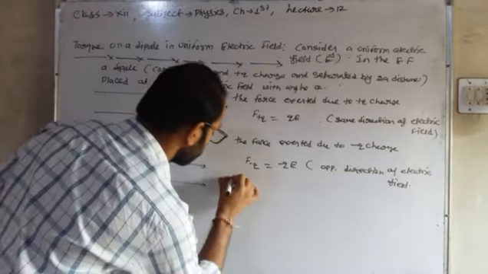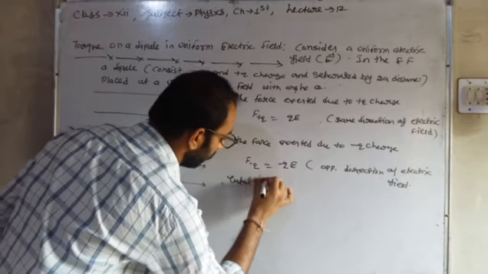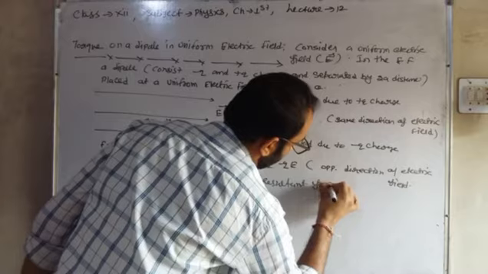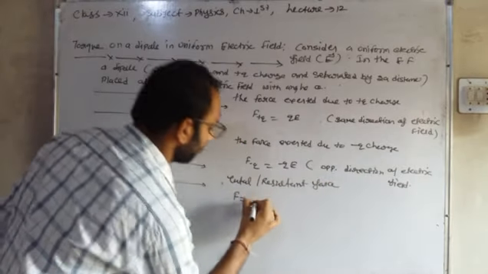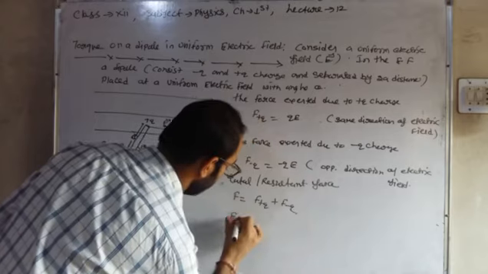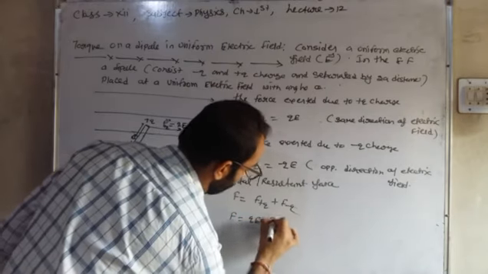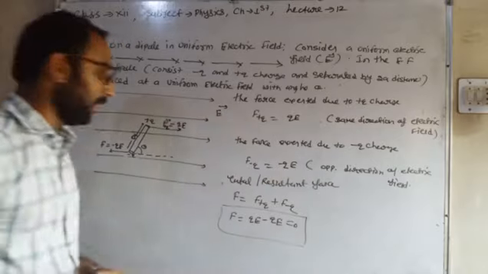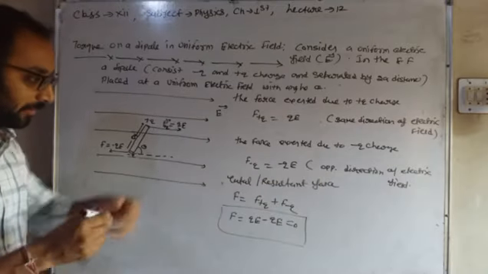The total or resultant force is F equal to F plus plus F minus, that is qE minus qE, equal to 0. This means in a uniform electric field the total force is 0.